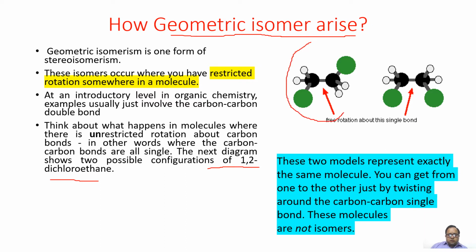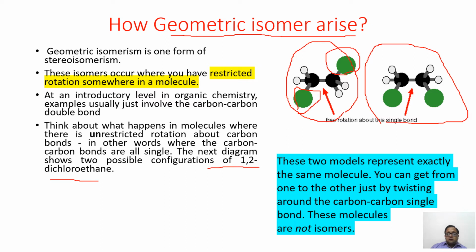This is the structure of 1,2-dichloroethane. In the first structure, one chlorine atom is present on one side of the bond and another chlorine atom is present on the other side of the bond. In the second structure, both the chlorine atoms are present on the same side of the single bond.